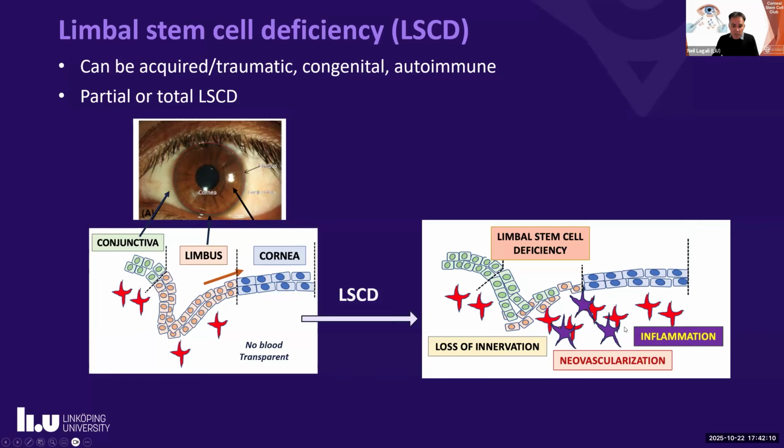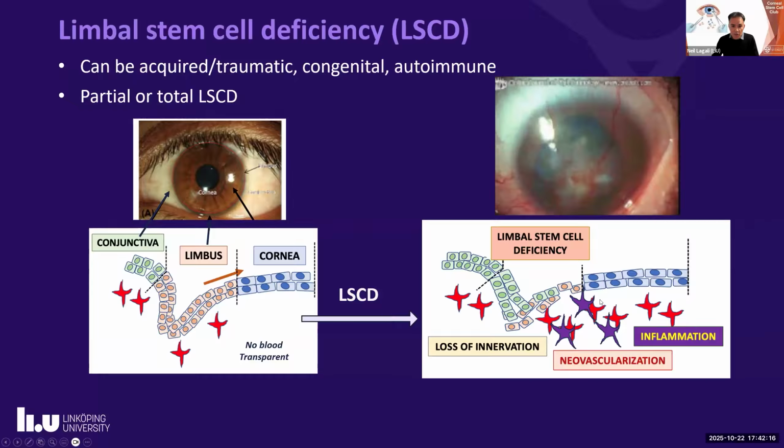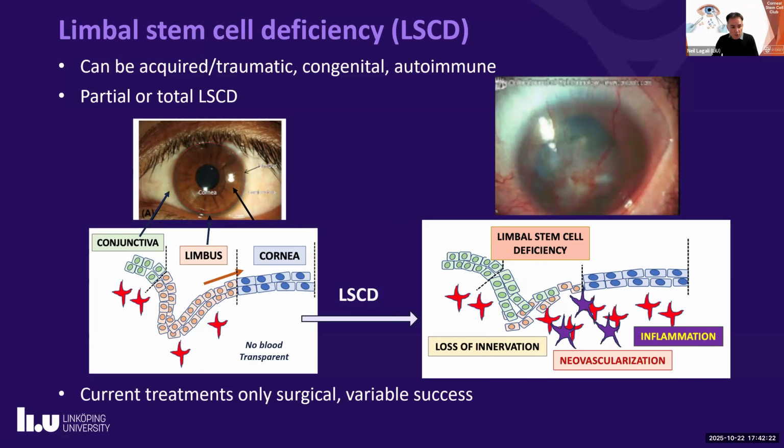And this is often accompanied by inflammation, a loss of nerves, and vessels that invade the cornea. You can see this here in the case of total limbal stem cell deficiency. So current treatments are surgical, and they have led to variable levels of successes, as we can also see in the polls that were done.